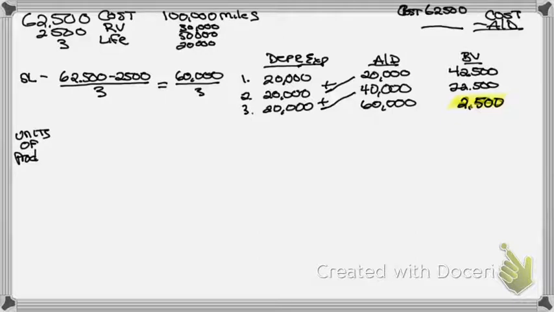All right, so units of production using the book formula says that you take 62.5 minus 2,500, times 30,000 over 100,000. So I'd get my calculator out and I would take 60,000 times 30 over 100, which I know is 18,000.